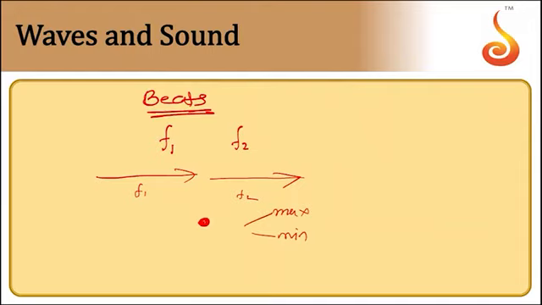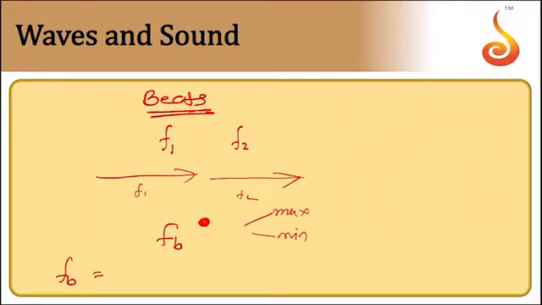This process of increase in intensity, decrease in intensity or waxing and waning of sound periodically is called as beat. Beat frequency refers to the number of such maxima and minima in 1 second.